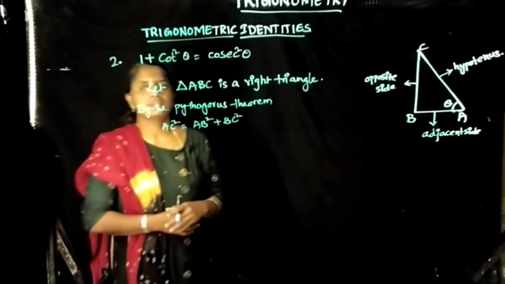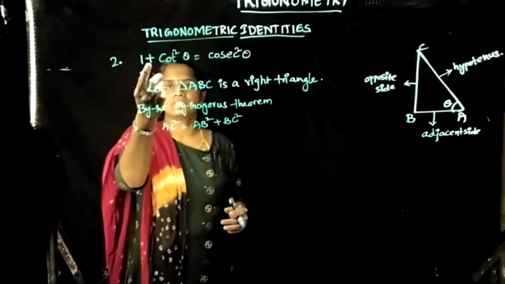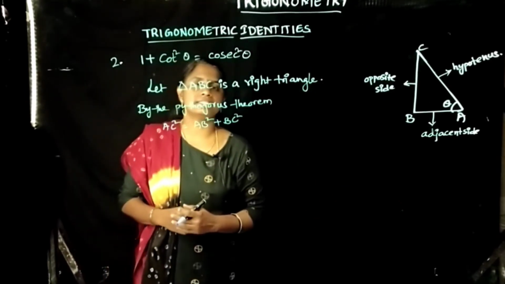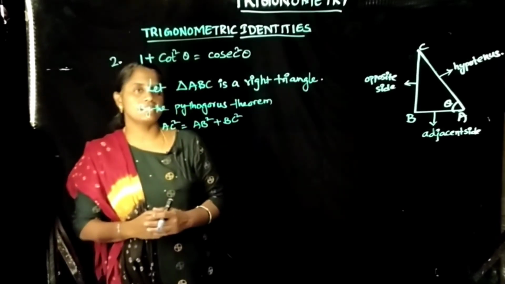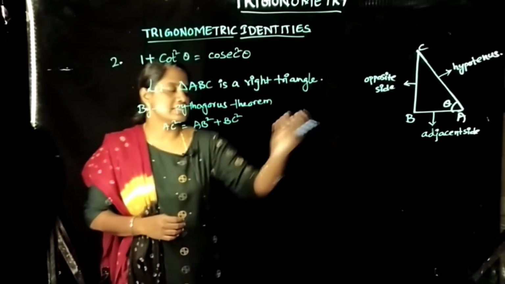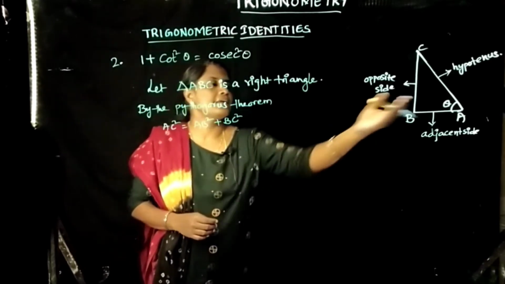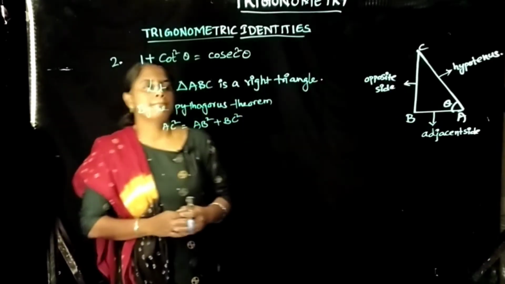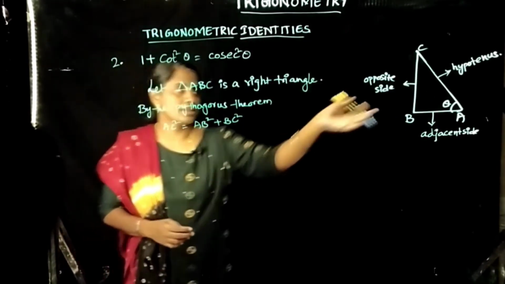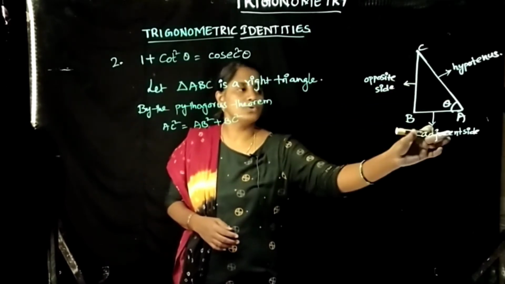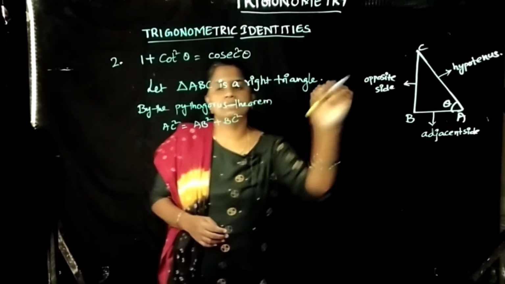Now, the third identity is 1 plus cot square theta is equal to cosecant square theta. Let triangle ABC be a right angle triangle. Angle A is equal to theta. By the Pythagoras theorem, AC square is equal to AB square plus BC square.